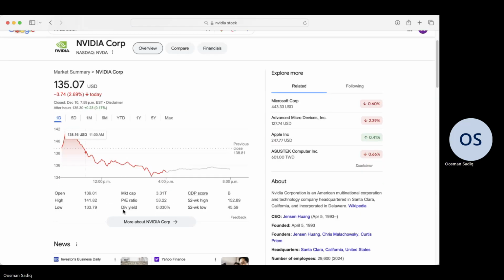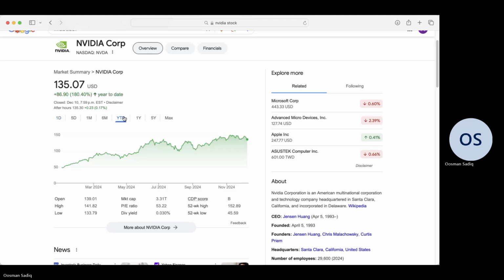Okay. Now, if I see the year-to-date trend on Yahoo Finance, I can see that in January, NVIDIA stock was valued at $48. Today, in 1 year, it is $135.